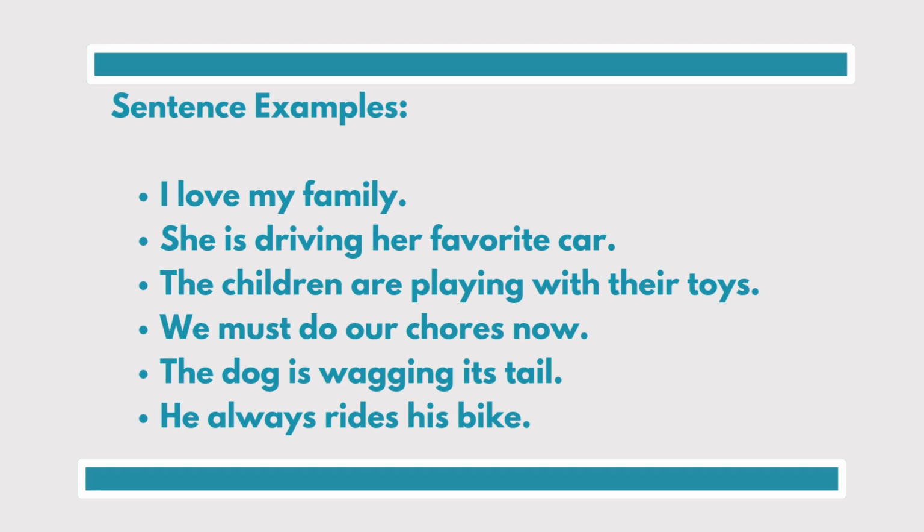Then we have the dog is wagging its tail. Its tail already tells us that the tail belongs to the dog. And then we have he always rides his bike. So his bike tells us that the bike belongs to he, which is the subject.